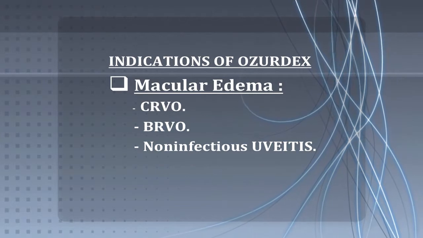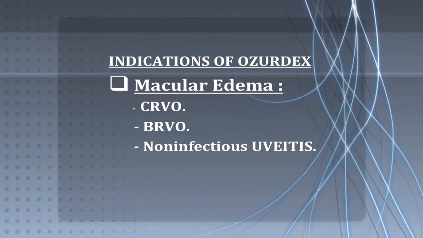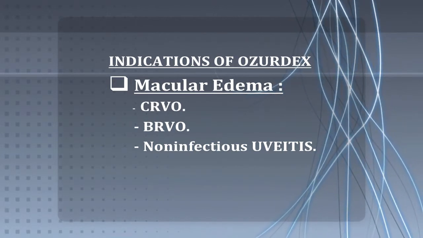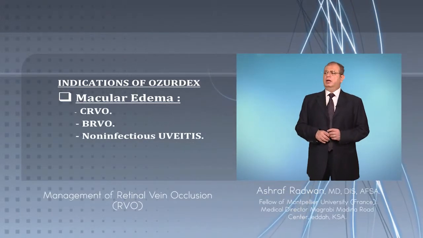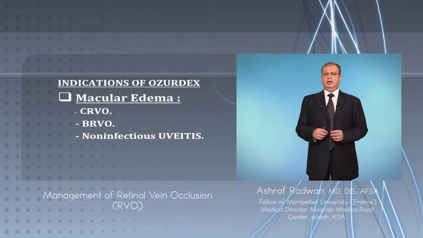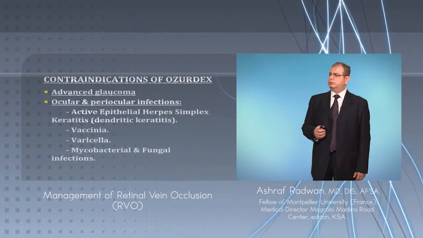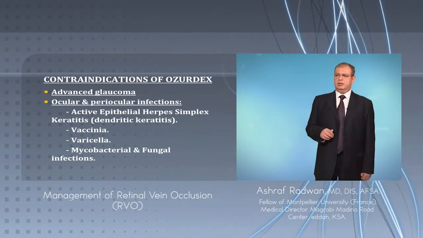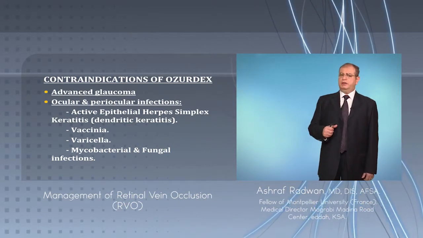The indications for Ozurdex are the presence of macular edema, especially for retinal vein occlusions, and non-infectious uveitis. So it is one of the main ways of treatment in the macular edema caused by retinal vein occlusions. The contraindications of the use of Ozurdex are the presence of any glaucoma, especially if it is advanced.